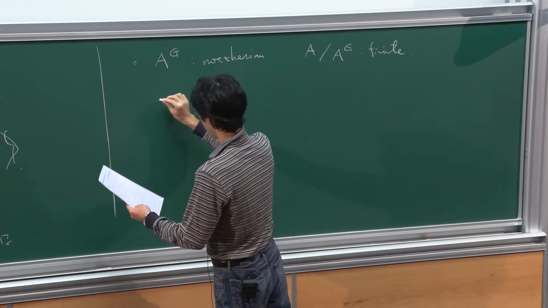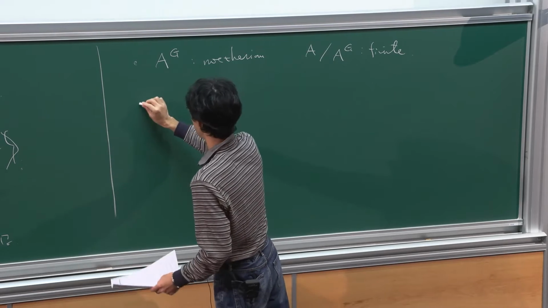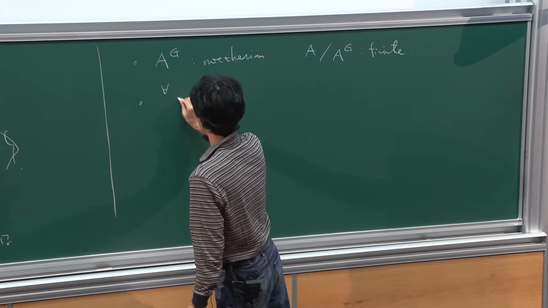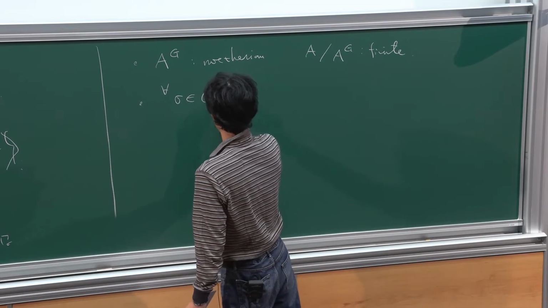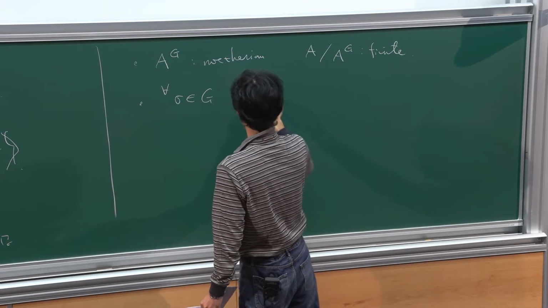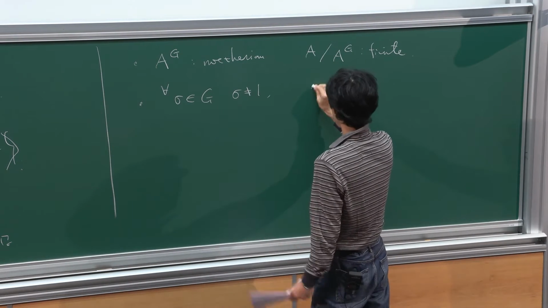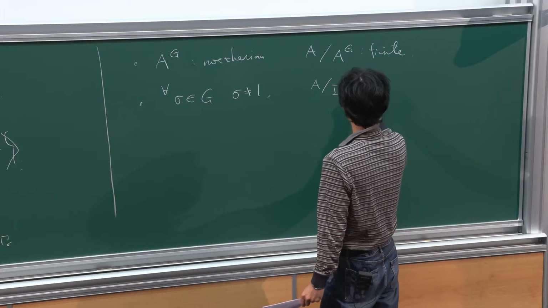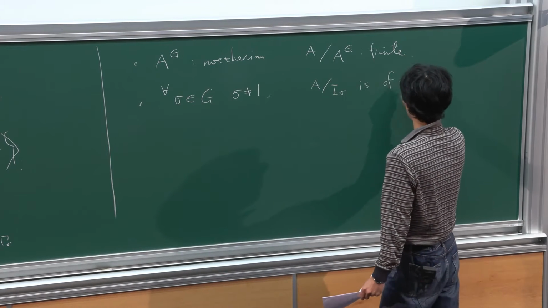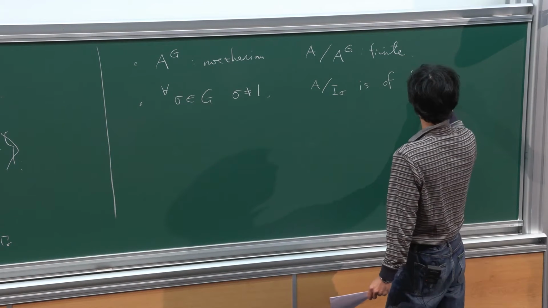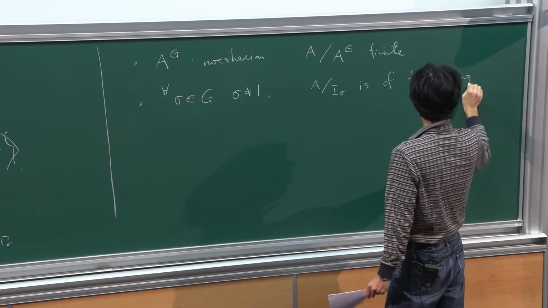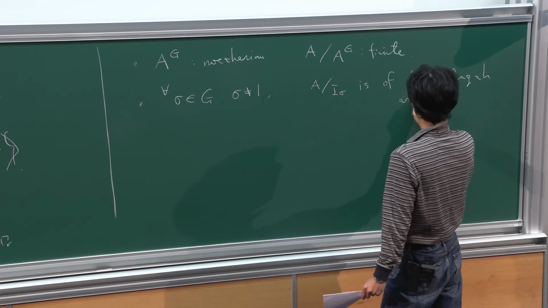And also, that's three conditions. So for any sigma in G not equal to 1, this A over I_sigma is of finite length as a module.